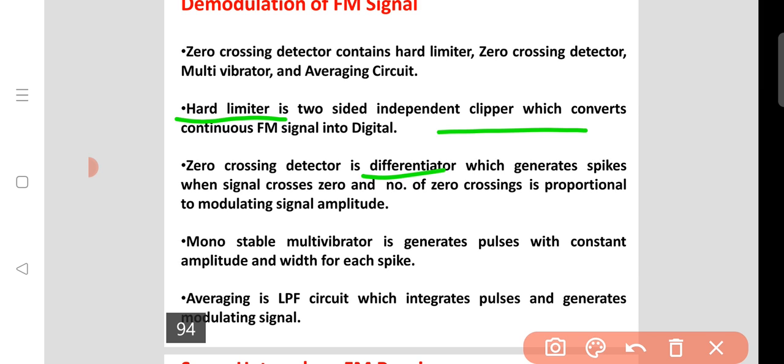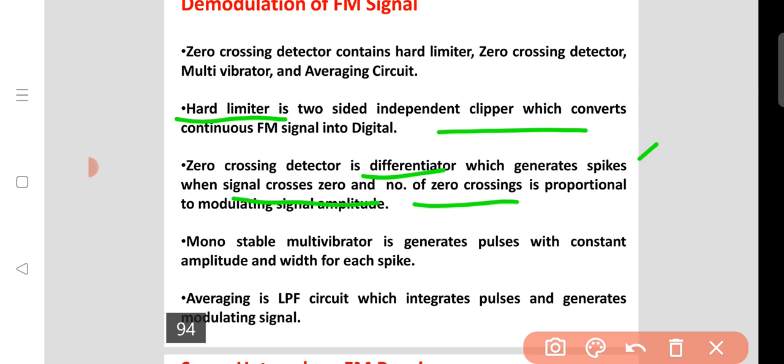It means there are variations in the widths of those pulses, but the zero crossing detector differentiates the entire signal. Then it produces spikes when the signal crosses zero.